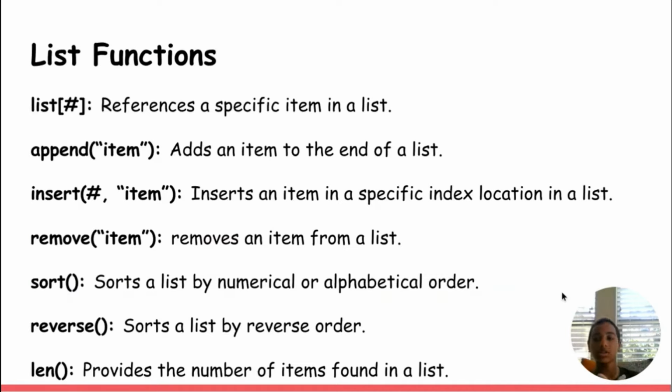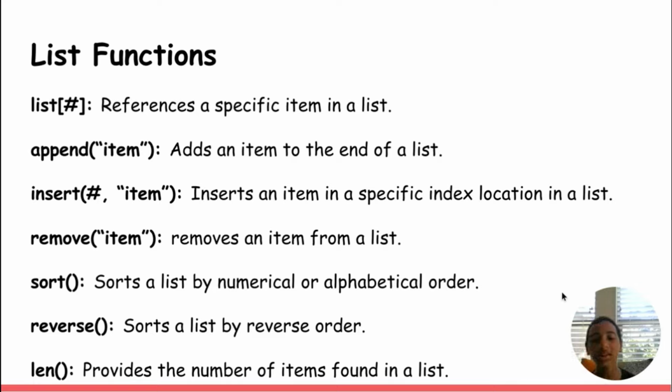Here are some list functions. List[number] references a specific item in the list. Append(item) adds an item to the end of a list. Insert(number, item) inserts an item in a specific location in the index. Remove(item) removes an item from the list. Sort sorts a list by numerical or alphabetical order.